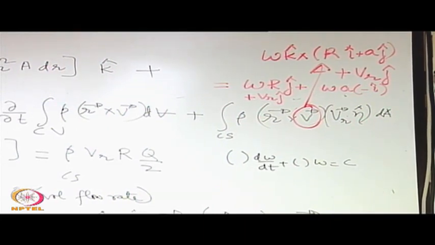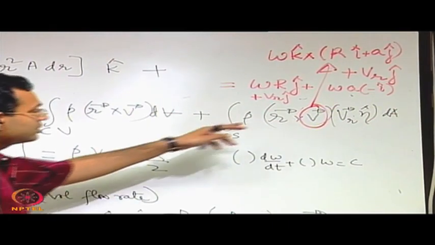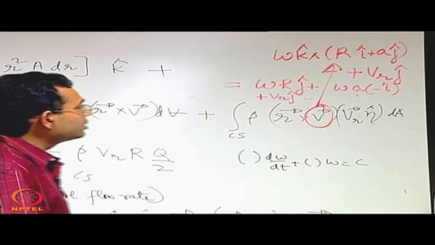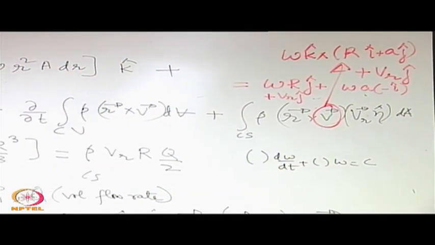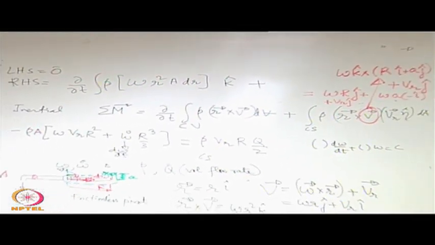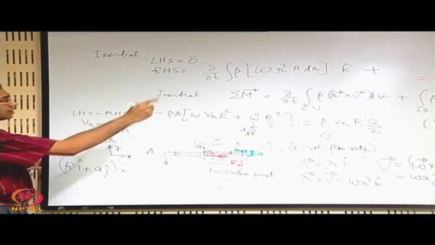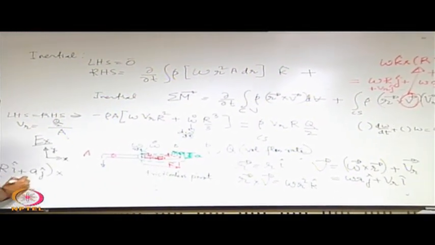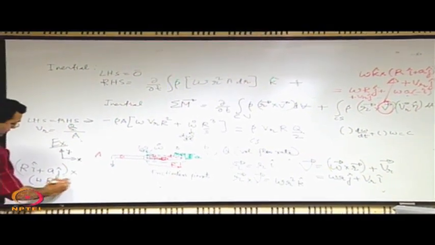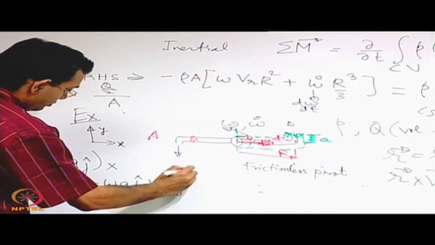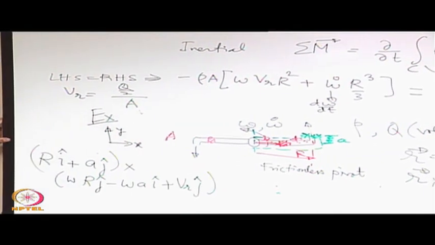So if you make another r cross with that, then what is that r? That r is again this capital R i plus a j. So what is that r cross, cross with that one, omega r j minus omega a i plus Vr j.